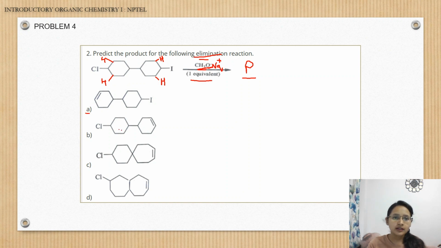Now in this, as you can see in the first option and second option, you have two options, either Cl or I, either chlorine or iodine. Among these two, one will eliminate, right? So you have to see which is a good leaving group, chlorine or iodine. Can you tell me which is the good leaving group between chlorine and iodine?